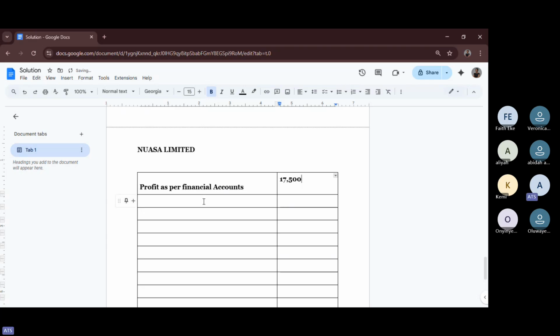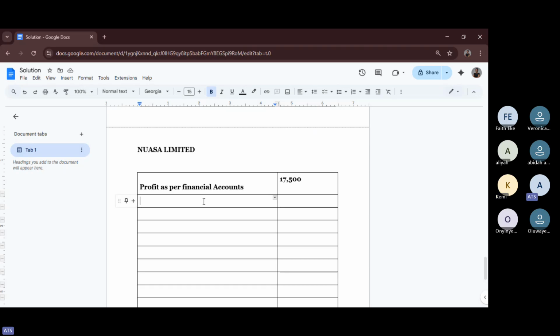Okay. Now, look at our opening inventory. We have 3 types of inventory. For each of the different types of inventory, it is the same type of treatment. Add increase in opening inventory. Don't think that the one for raw materials is different from work in progress, different from finished goods.